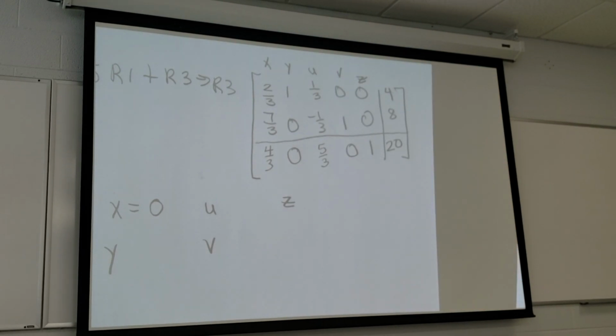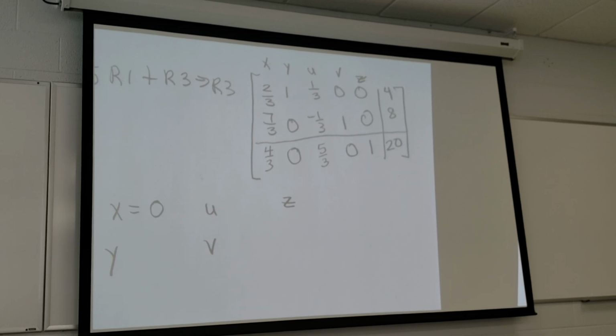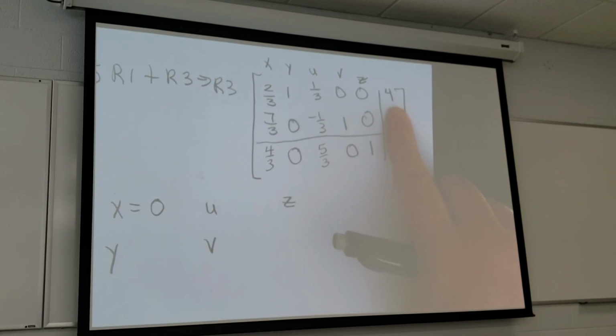Now, it has to be a unit column. And a unit column is you have a 1, and everything else is zeros in that column. X column doesn't have any of that, so it defaults to 0. Y column, do you have a 1? Yes. And everything else 0? Yes. Find the 1, go across. Y is equal to 4.